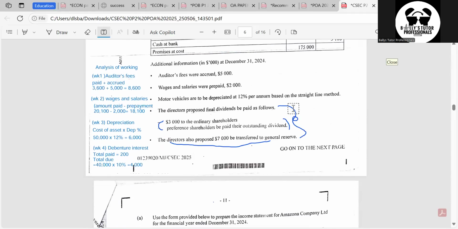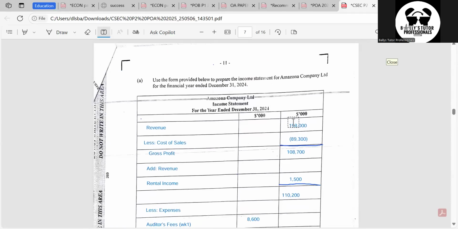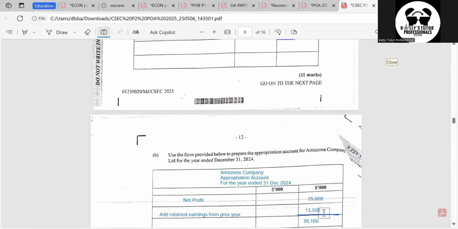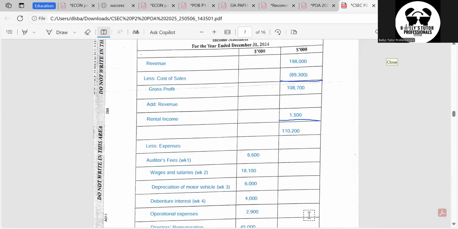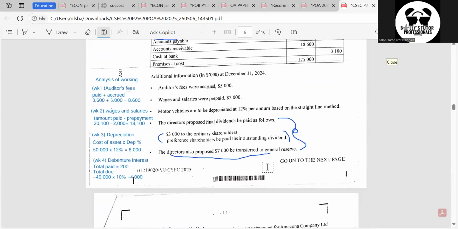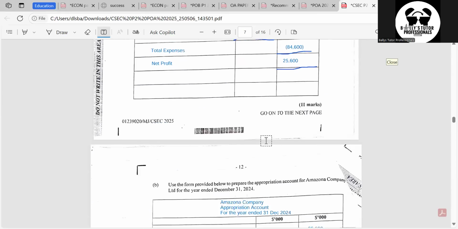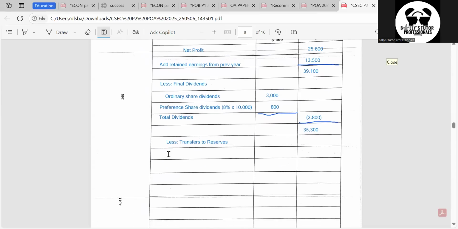All we put in is what we transfer in this year. So out of this money that we have here, we transferring 7,000 of that to our general reserve. So that's all we minusing. Transfer to general reserve. And that is 7,000.